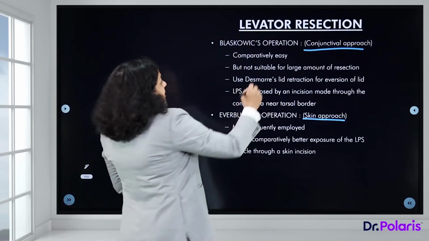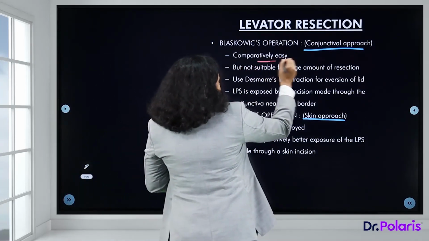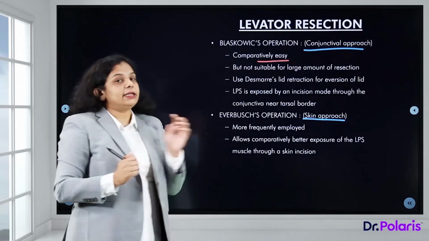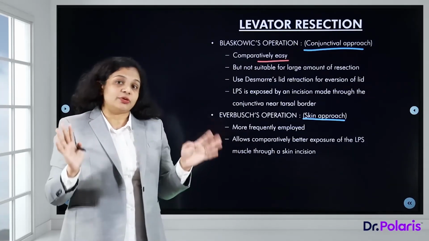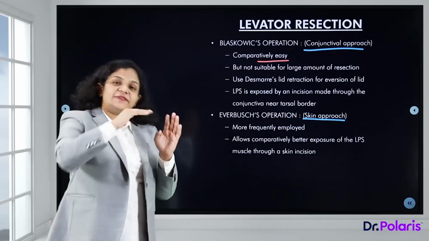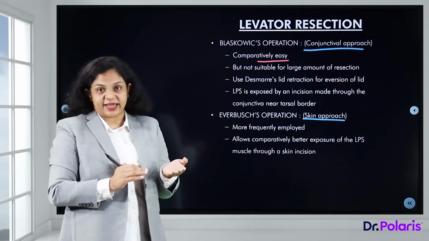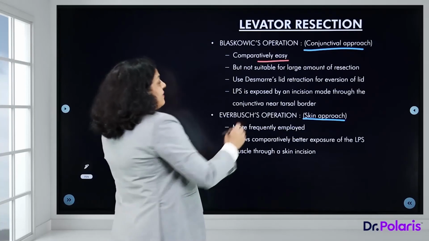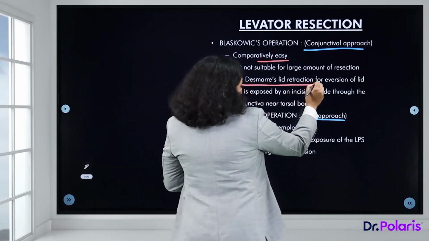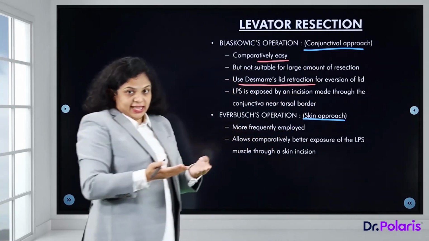Now, the conjunctival approach is comparatively easy, but it is not suitable for large amounts of resection because it is very difficult to see the LPS muscle through the conjunctival approach. Here we use a Desmarres lid retractor to evert the eyelid.